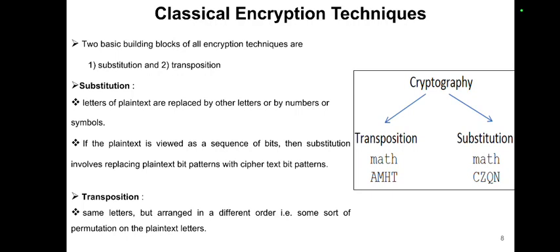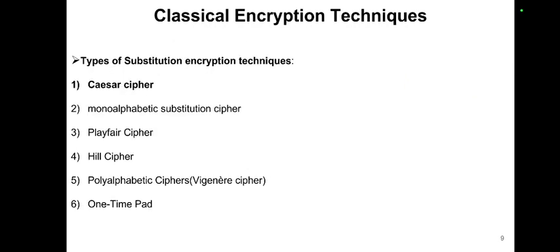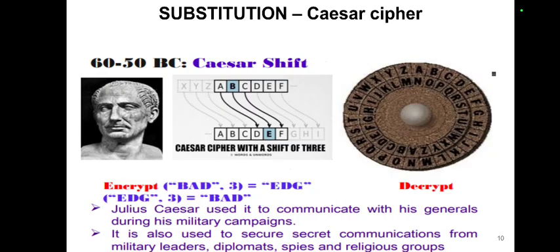As I told you, in the substitution technique, the first technique is the Caesar cipher. The Caesar cipher is where you replace an alphabet with another alphabet.